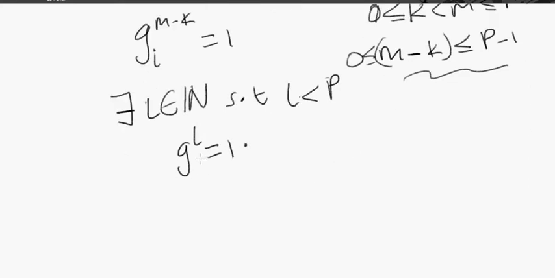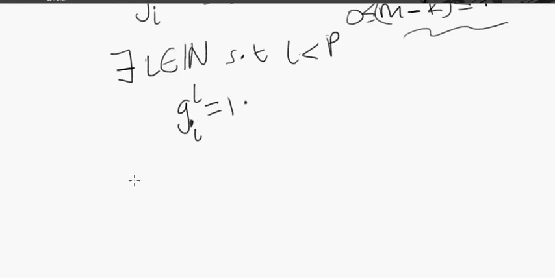But if g to the L equals 1, here the natural numbers are being taken to start from 0. Does it make sense to get some L less than p and have g sub i to the L actually equal 1?